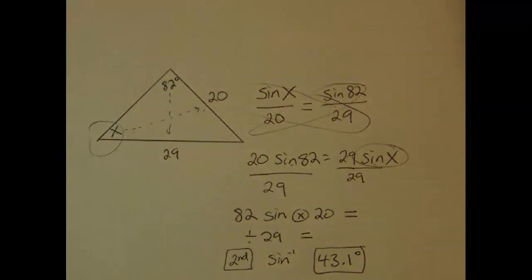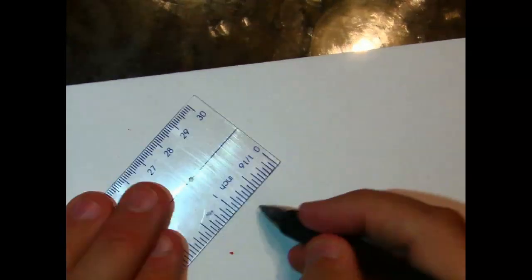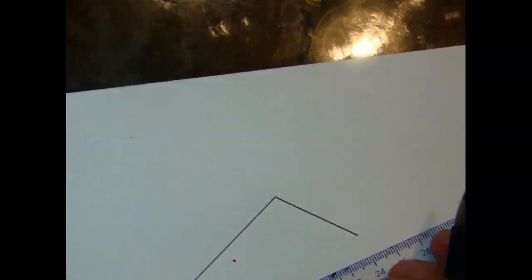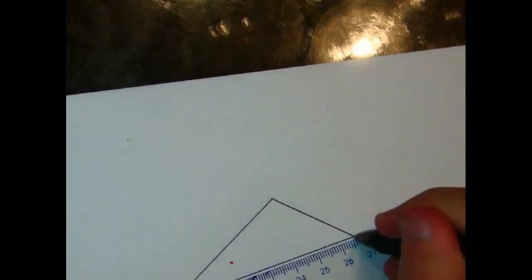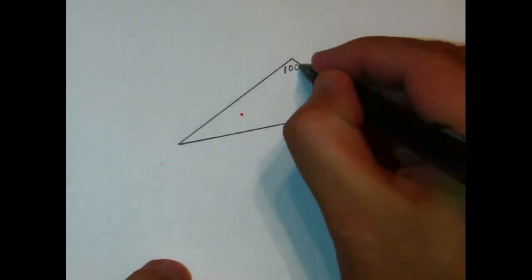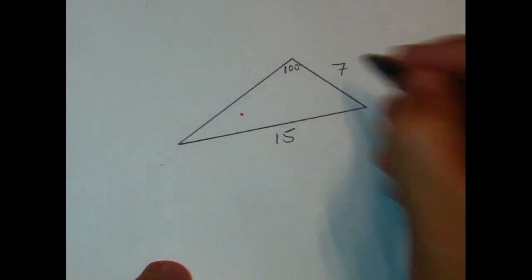Alright, here is example number 2. Let's say that I give you 100 degrees here. This is 15. This is 7.